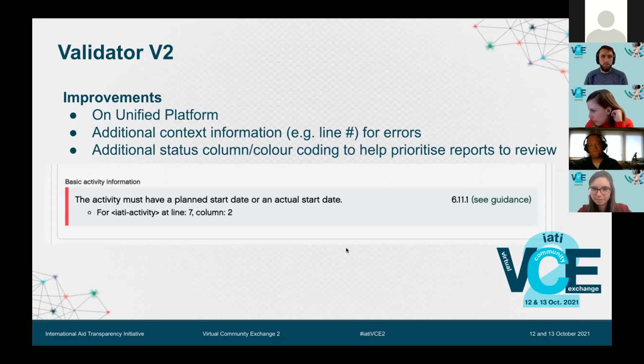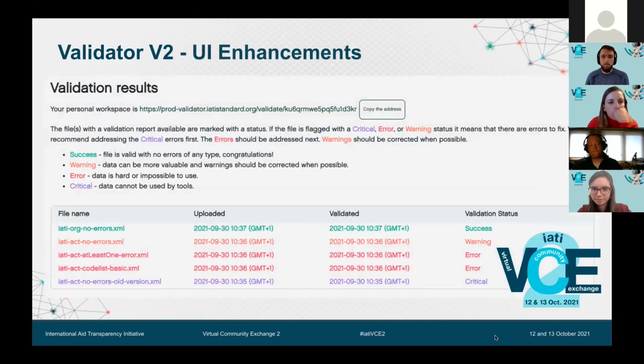The other piece, which I'll show on the next slide, is we added some additional status columns and color coding to help folks using the validator prioritize which files to look at and understand what kind of errors there are with each of their IATI files.